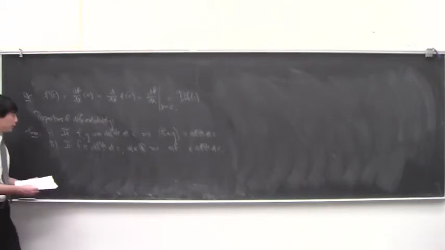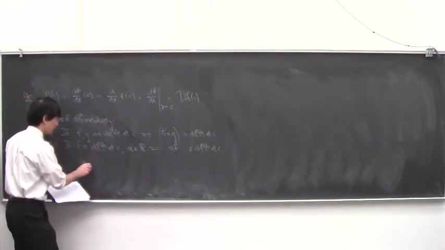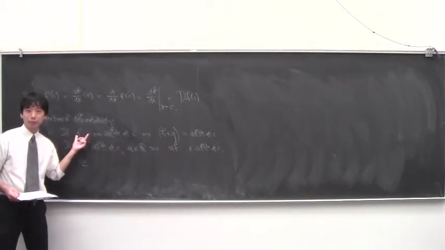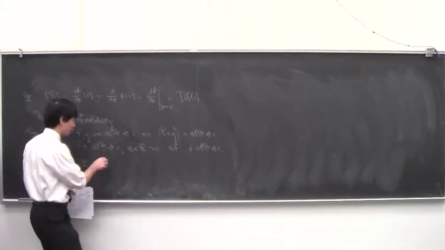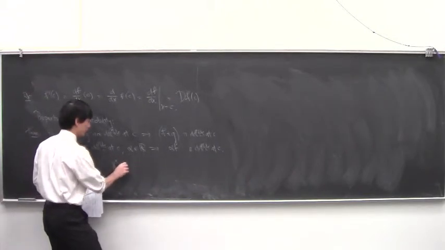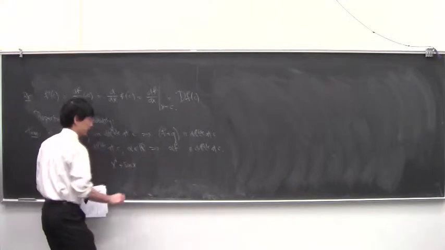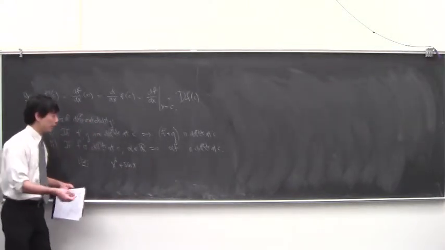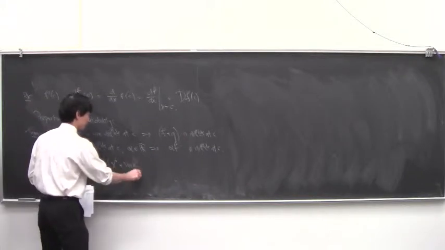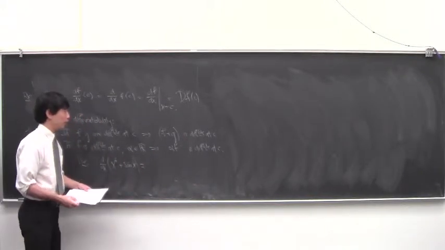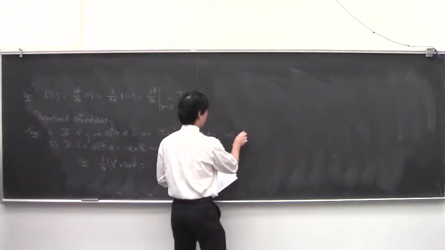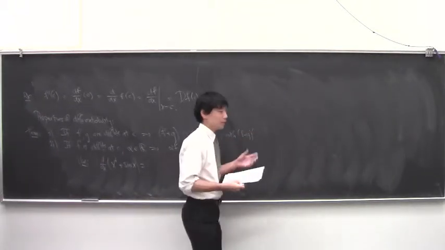The use is like this: if you know that your functions are differentiable, then the sum is differentiable. For example, last time we said x to the 6 is differentiable. We said the sine function is differentiable, right? So now by this, we know that the sum is differentiable. What's the derivative of the sum going to be?